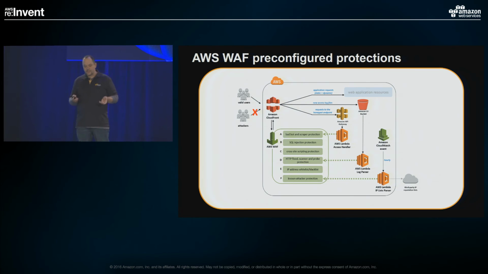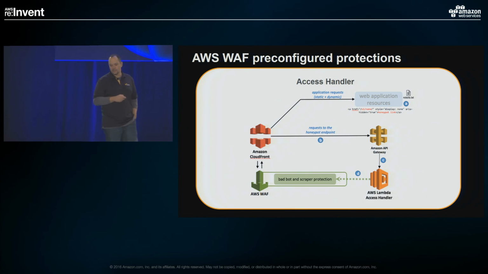Then we have the HTTP flood scanner and probe protection, which is also implemented through a Lambda function that parses the CloudFront access logs as they're delivered into S3. And then the last component of the solution is the known attacker protection. Again, this is a Lambda function that is triggered by a CloudWatch event on an hourly schedule that goes out and obtains IP lists, queries third-party IP reputation lists, and then takes those in and updates AWS WAF based on that. So let's go into each of these custom components.